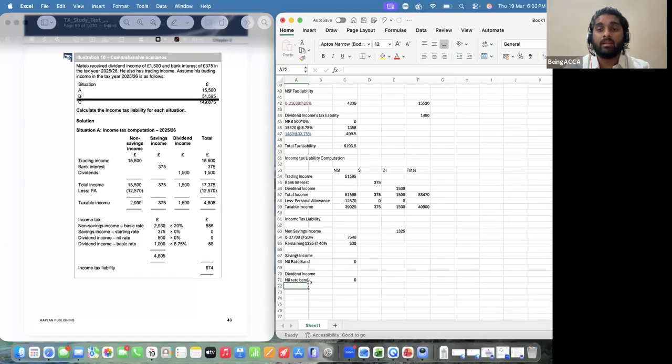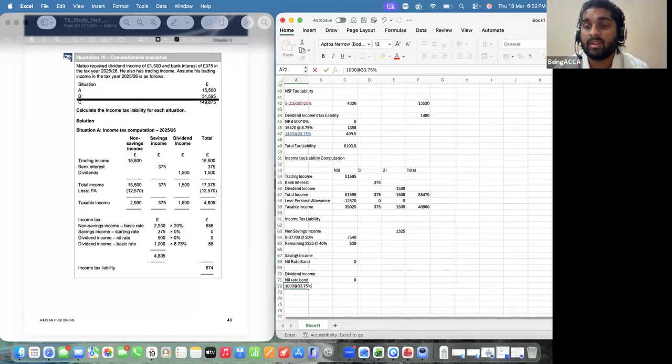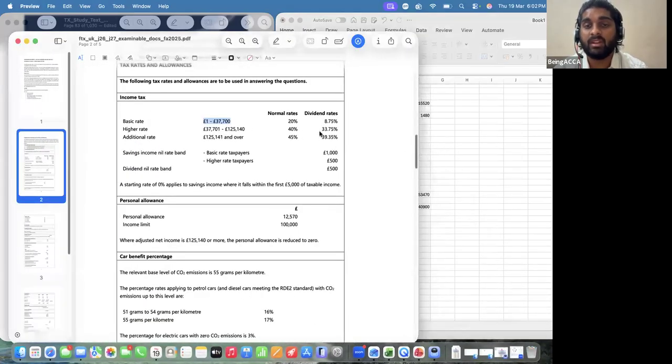So the remaining 1000 should be taxed at 33.75%, the higher rate that is available, which you can see to be 33.75%.